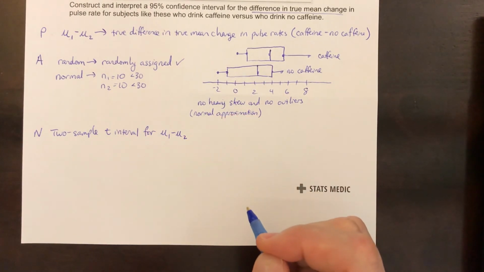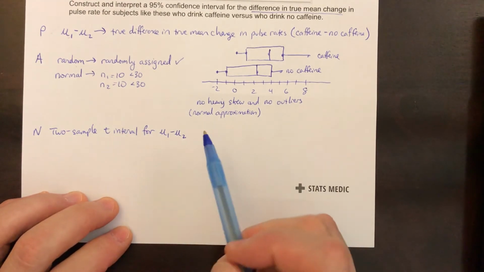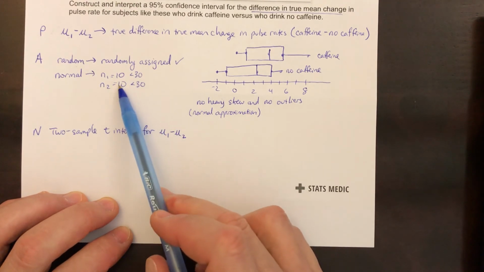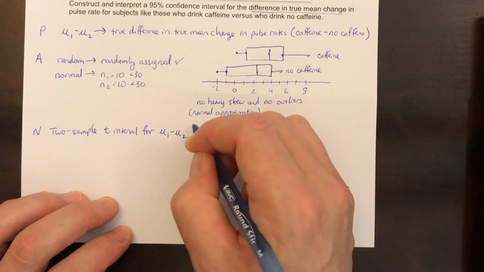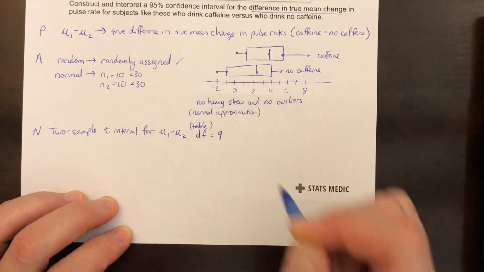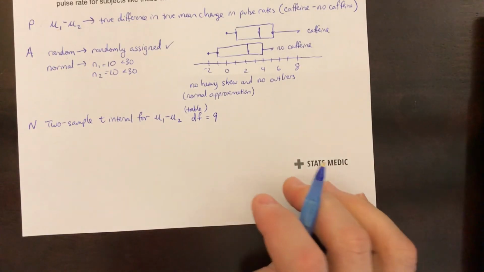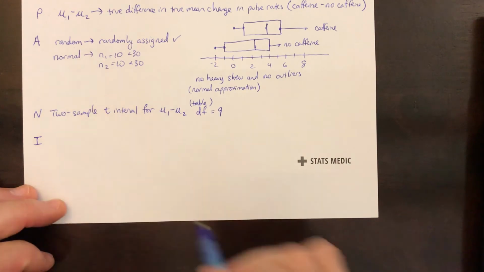Now, because we're doing a T interval, we need the degrees of freedom. If you use the calculator, it'll do all of that for you. But if we're trying to be conservative, both of the sample sizes are 10, so if we use the table, the degrees of freedom would be 9. All right, so now what we need to do is calculate the interval.